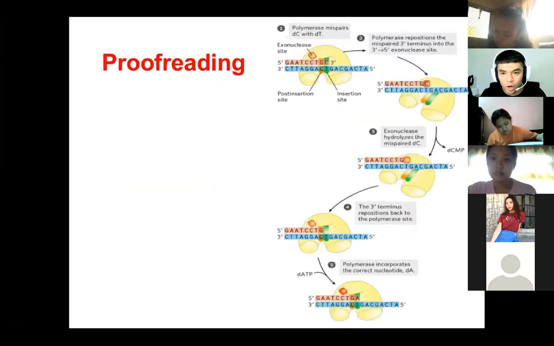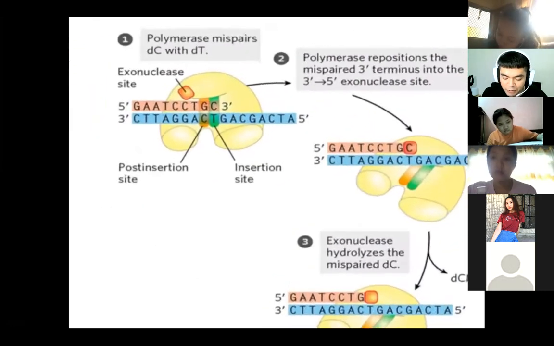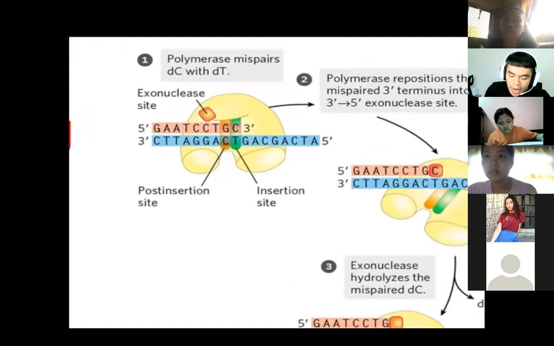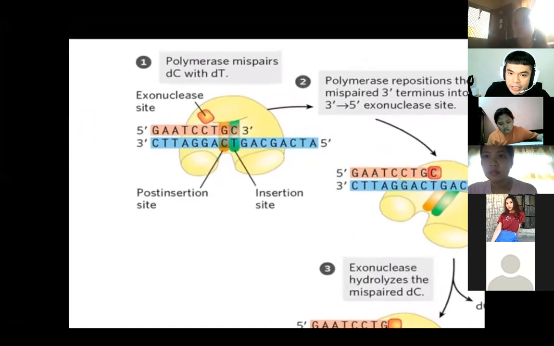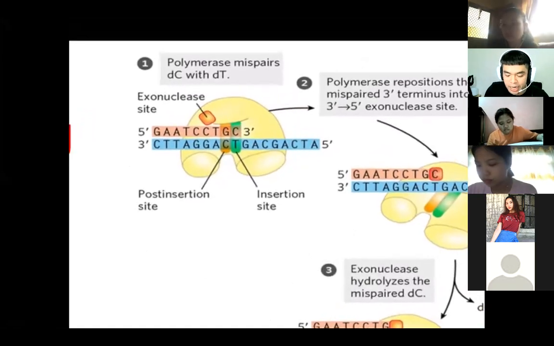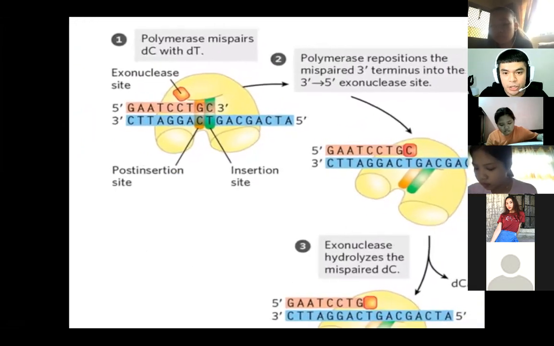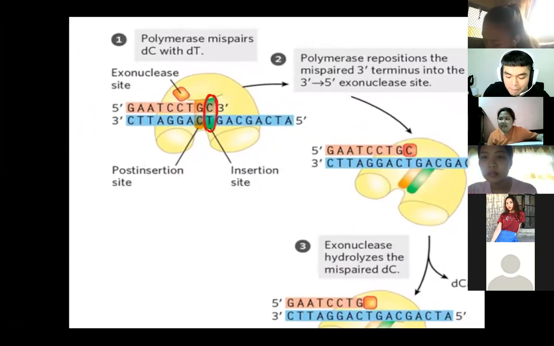So for example, tingin tayo sa PowerPoint, in this figure, suppose we have here, yung color blue is the original strand, and then yung color orange is yung complementary strand. So halimbawa, nakapwesto na dito ang polymerase 3. So nagpares siya.